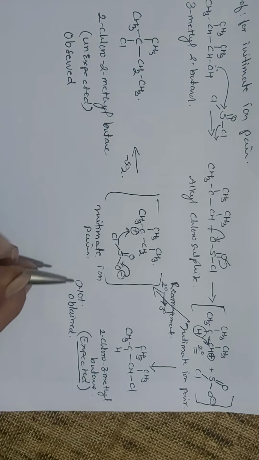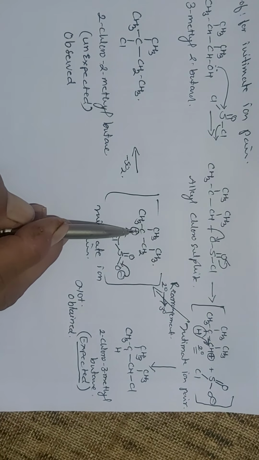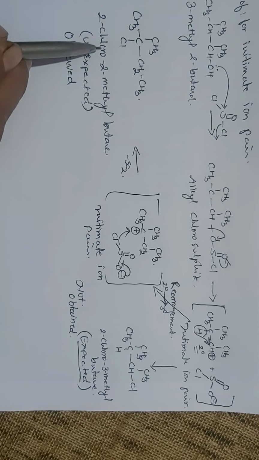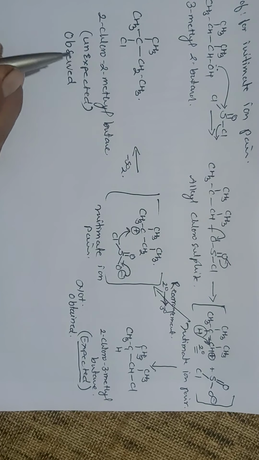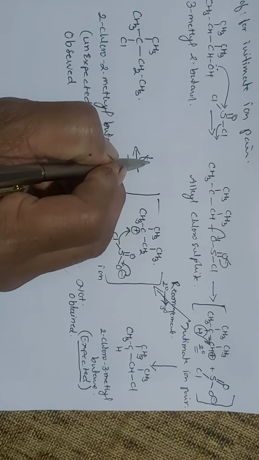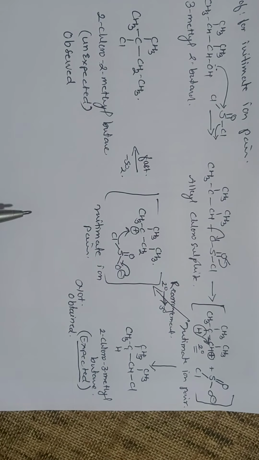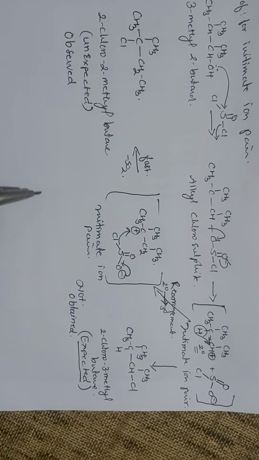It forms and gives you the intimate ion pair, and as the intimate ion pair is formed, it undergoes a rearrangement and gives you the stable carbocation. This stable carbocation is seen in the unexpected product, that is 2 chloro 2 methyl butane. And so this is the first step. The unexpected product is obtained, and here you get retention in configuration.